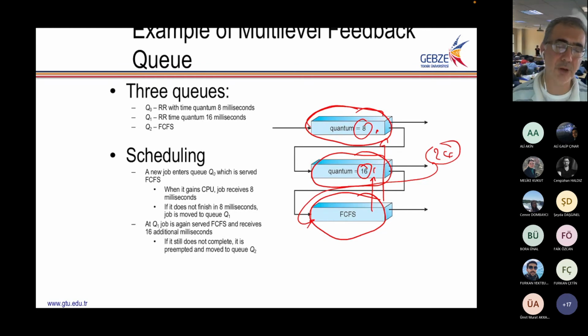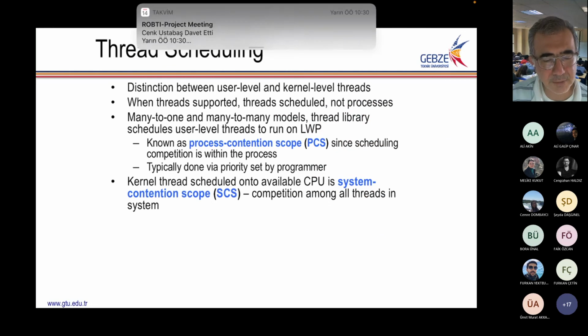I skipped the topic of threads. Threads are similar to processes, but they are more lightweight.